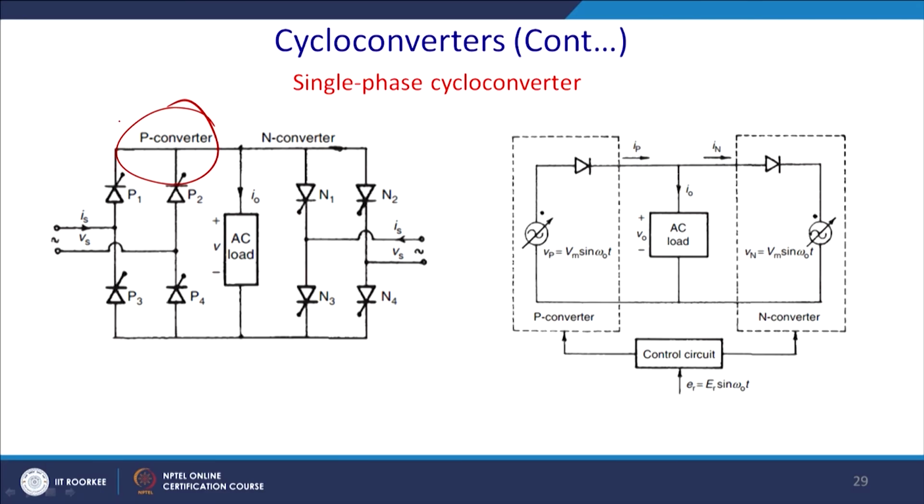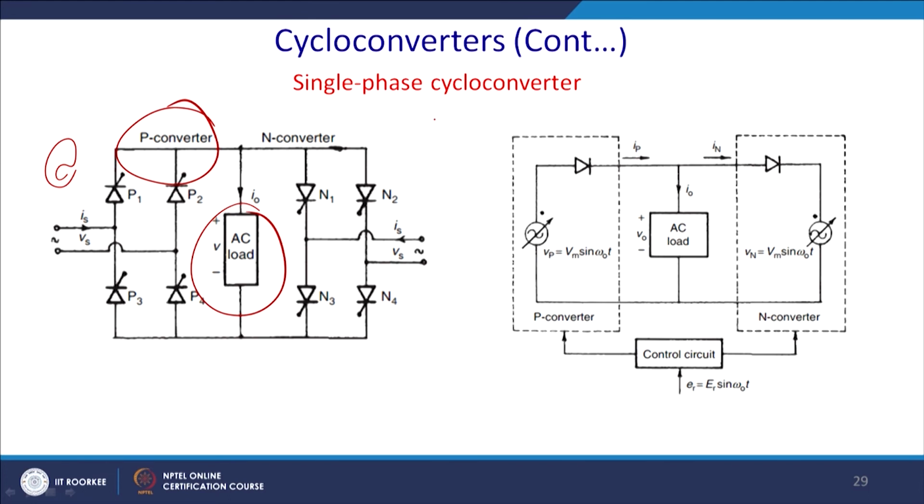You feed the thyristors and ultimately you get an AC load here. Previously we had a DC to DC converter. Here one has to be operated at alpha and the other at 180 degree minus alpha, but here this load is DC.